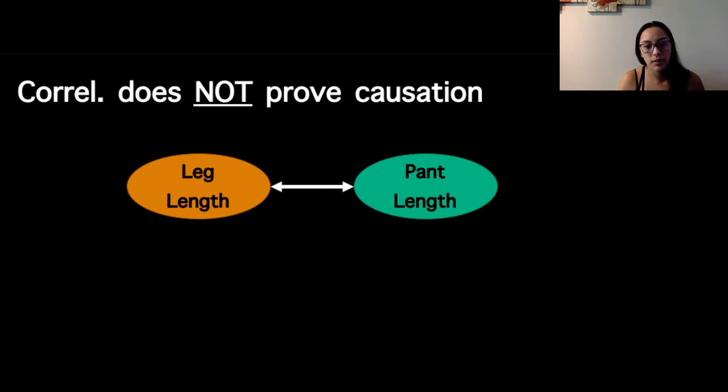Another example that we could also use to explain that correlations do not prove causation is between leg length and pant length. Okay, so typically you would expect a person with long legs should have longer pants, right? And generally speaking, we could go the other direction and say that longer pant lengths are usually going to be associated with people who have long legs, right? But we're looking at an association.